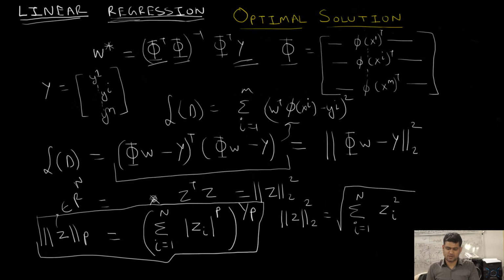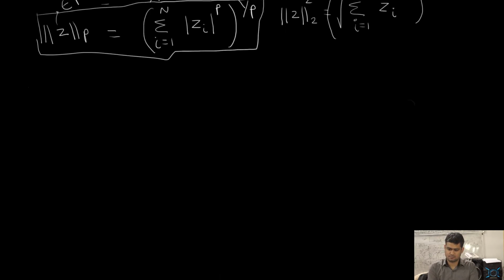So if we take the square, then the L2 norm squared of z is simply the sum over all i equal to 1 to n of zi square, which is nothing but z transpose z.